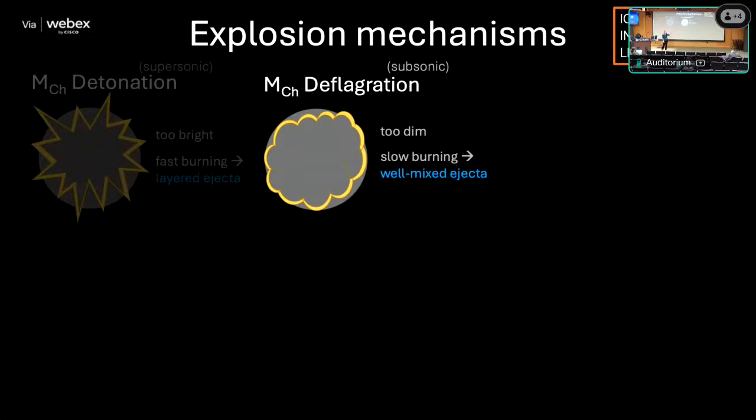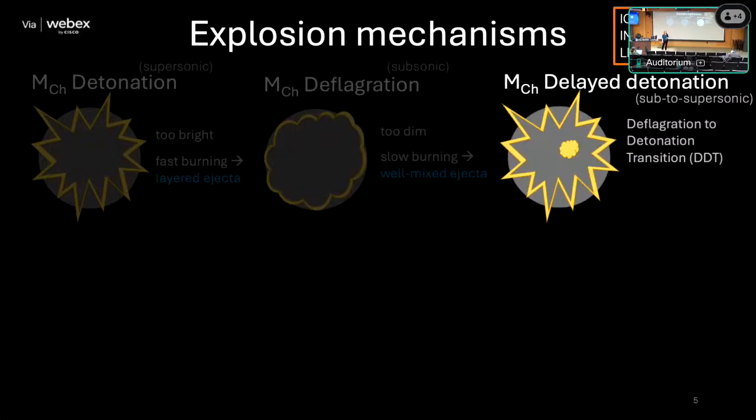They are a good candidate for some faint types of peculiar white dwarf explosions. So people got clever and said, let's do something in between, where we have a little bit of slow burning to start things out, a little bit of deflagration to puff up the star just enough such that you can transition to a detonation, which is the fast burning that burns the rest of the star.